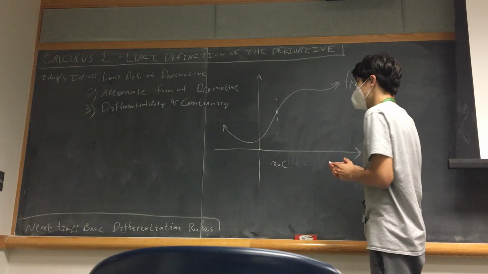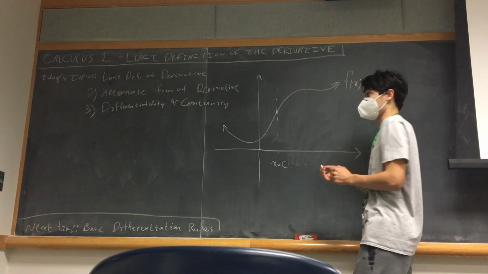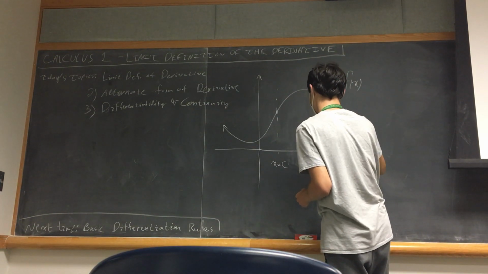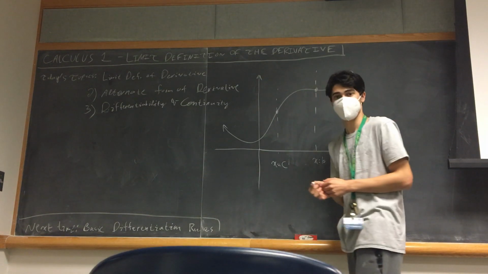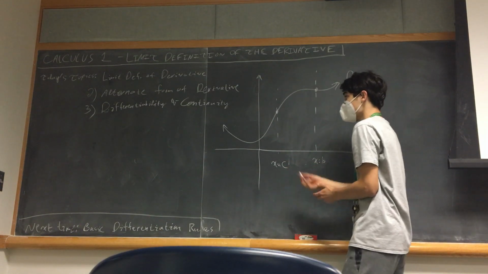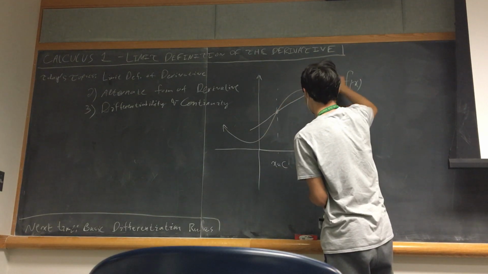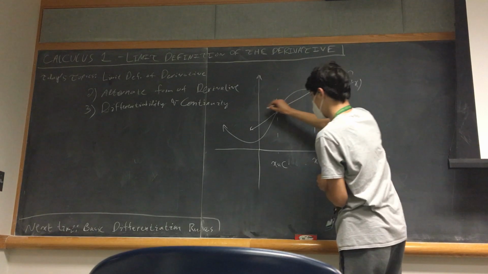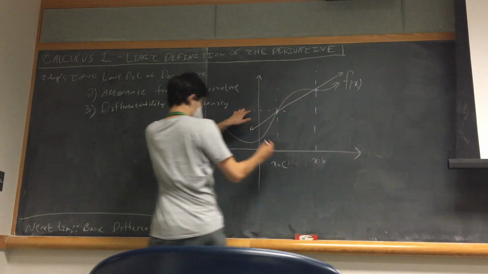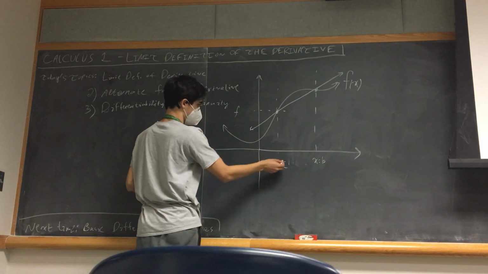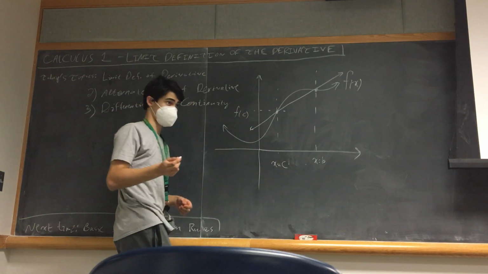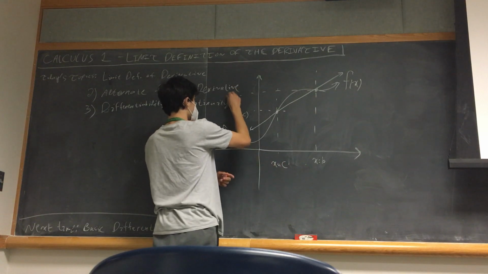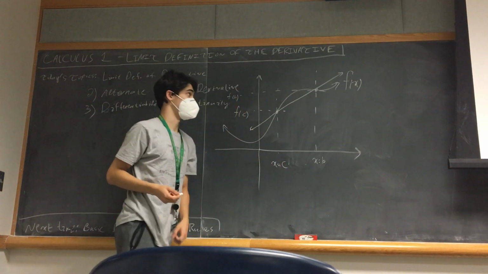We could start by approximating with a secant. So let's say we put a second point here at x equals b. All right, so this is b, this is c. And we find the slope of this secant. Now we know the y value at x equals c is f of c, and the y value at x equals b is f of b.